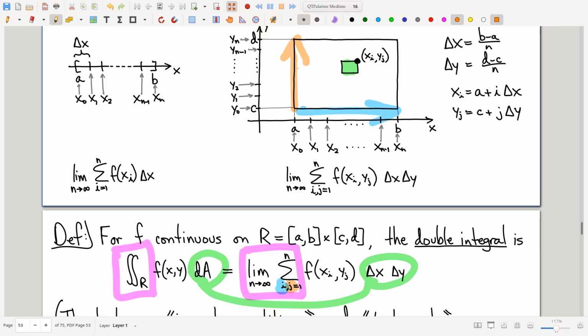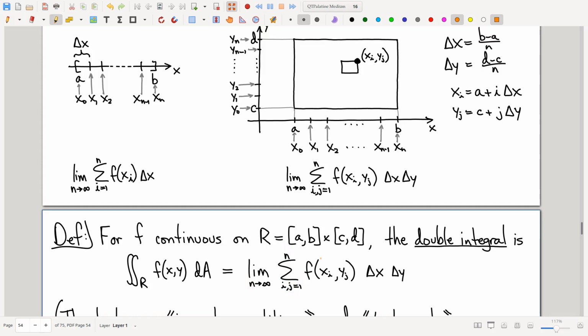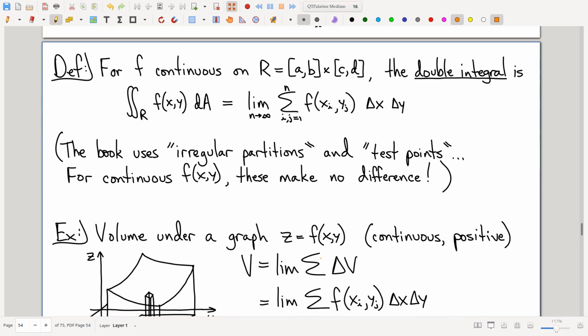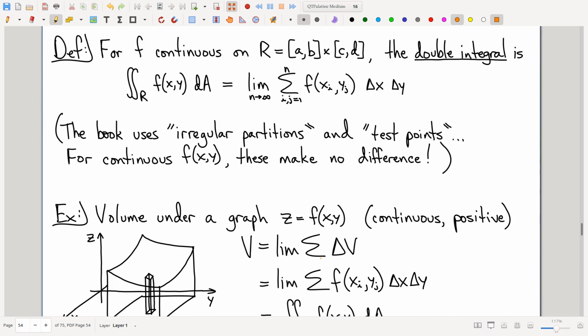There's n different pieces. Here, I'm slicing it in two different directions. There are literally n squared pieces here, and so double integral. So that's just terminology and notation. This is going to be bonkers useful, and we're kind of out of time, so I'll just draw the line right here.